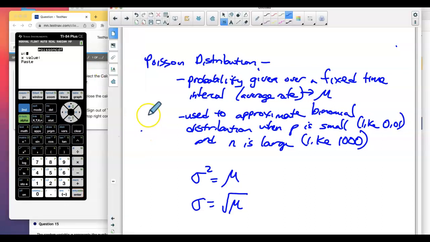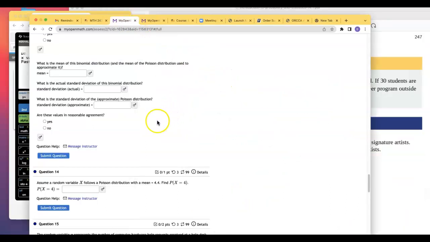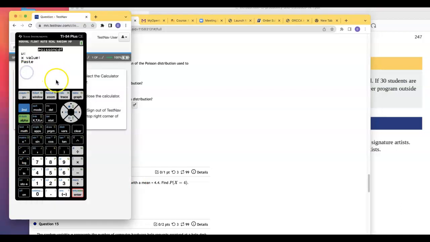Okay, so it's done exactly the same way. All right, now going back to the problems with Poisson. Okay, if you want to do this, it says the mean is 4.4 and it wants to know exactly what it is at 4. You would just type that in to the Poisson CDF or PDF.